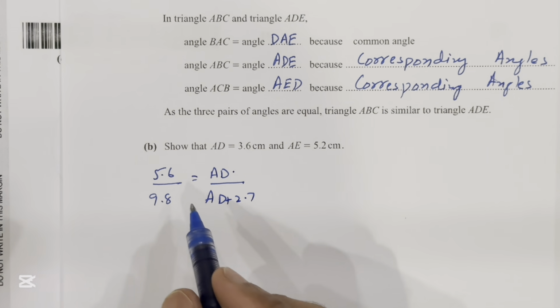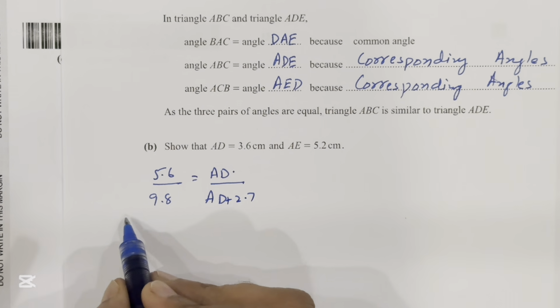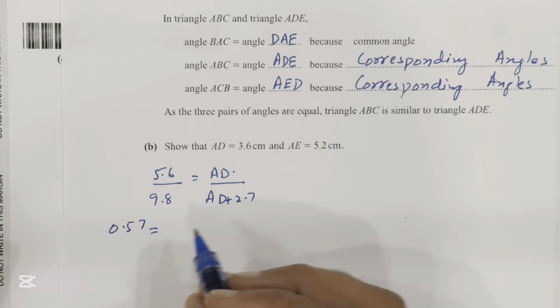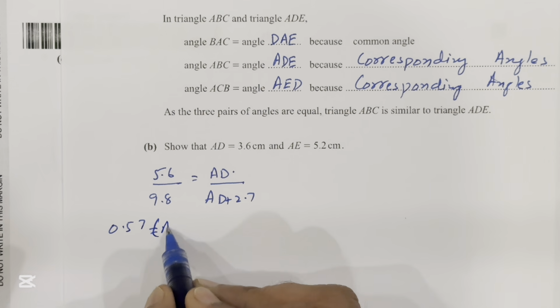Now you need to solve it. 5.6 divided by 9.8, it would be 0.57.